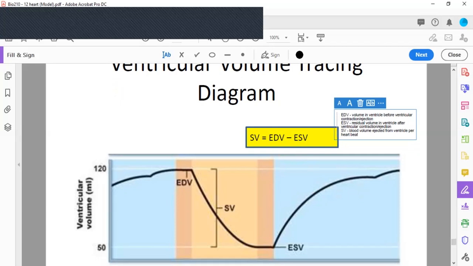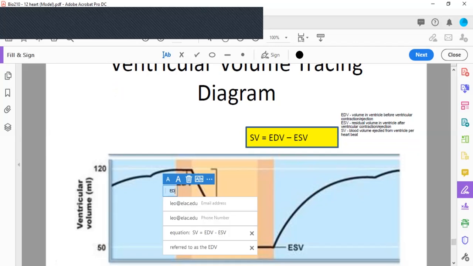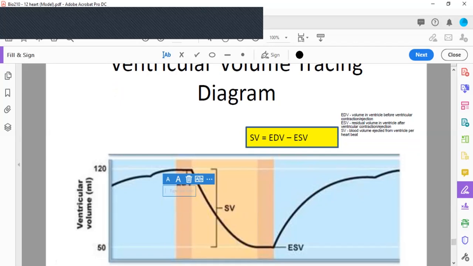So let's ask the question: what is the stroke volume based on this graph? Now let's look at the y-axis. You can see the y-axis represents the volume in the ventricle. So EDV represents 120 ml.